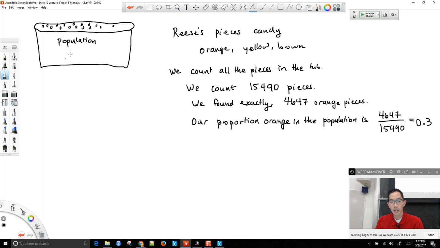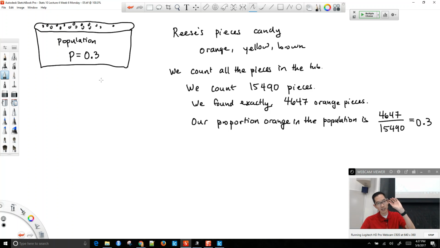So in the population, this is exactly 30% orange, and if I stir up the tub and draw out a piece of candy, I have a 30% probability that it's orange. If I take just a little scoop, we can pretend that each of those pieces are independent and have a probability of 0.3.